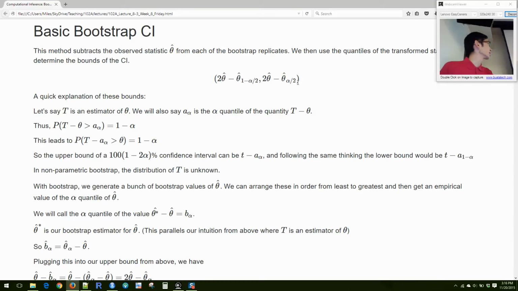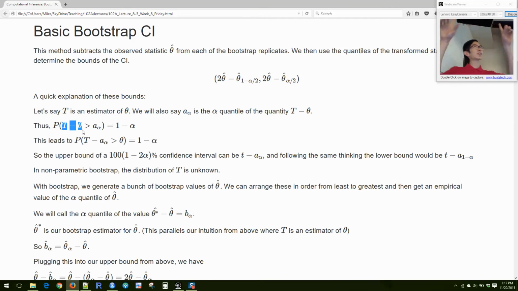What is the reason here? There's maybe an intuitive sense that this one will give us something a little bit more centered.